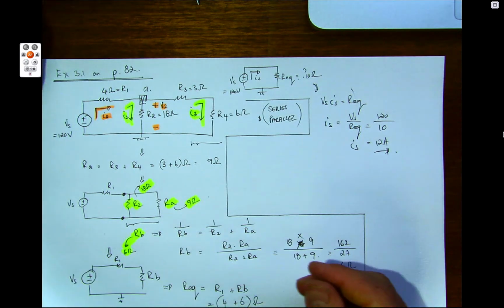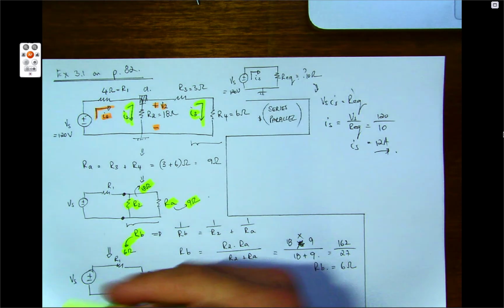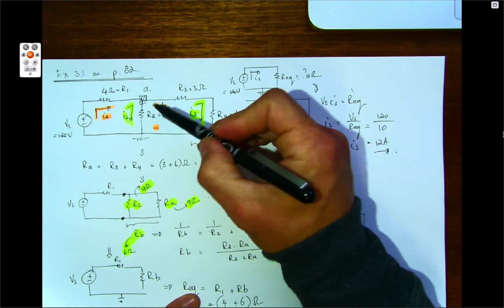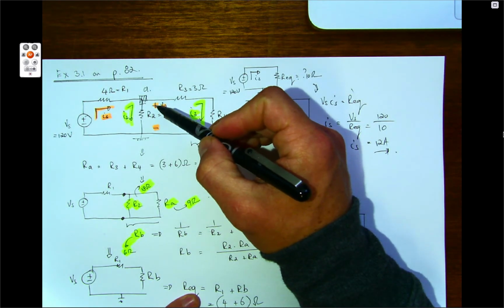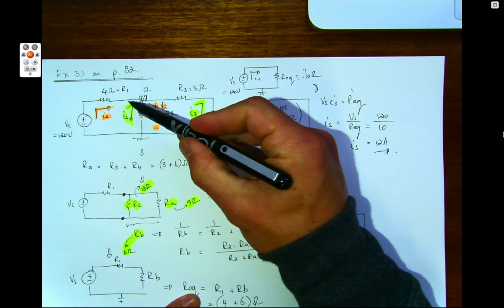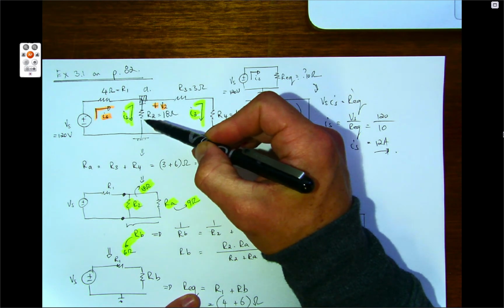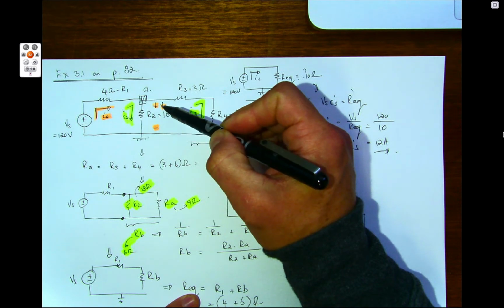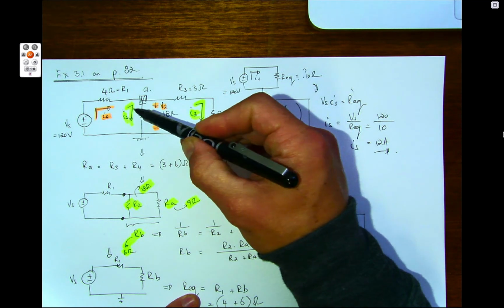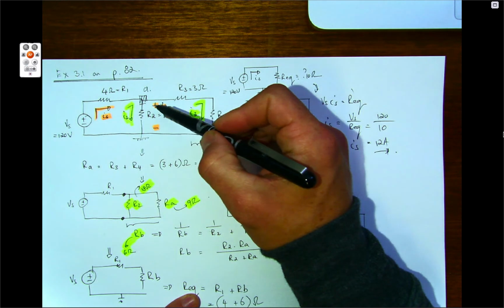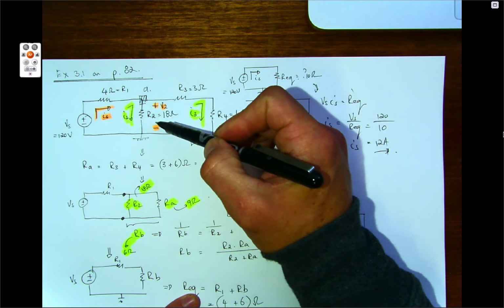That's plus minus V2. And I know that my polarities are going to be like this because I2 is flowing down through the resistor, causing a voltage drop, plus minus V2 over this resistor R2.